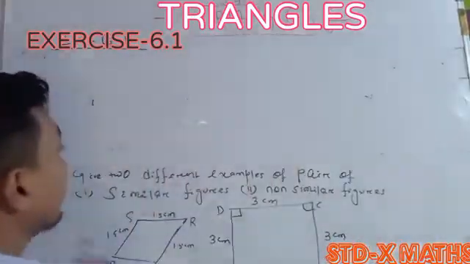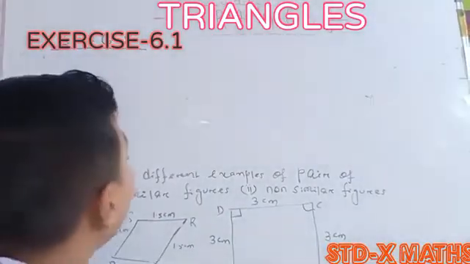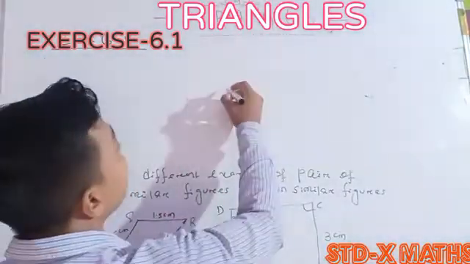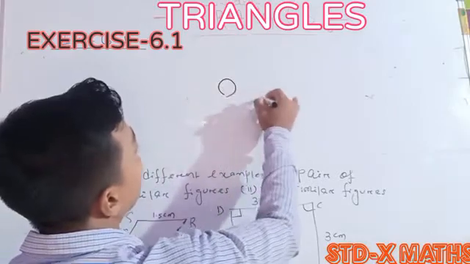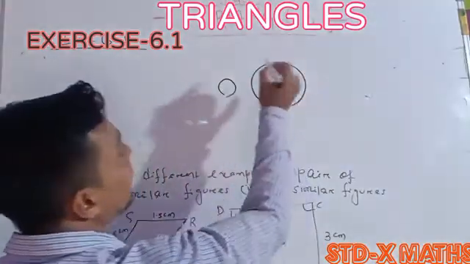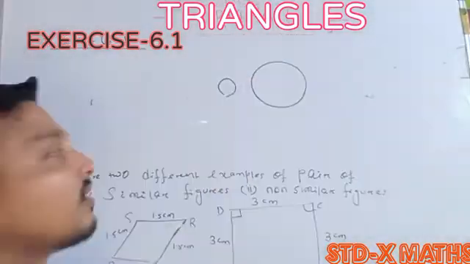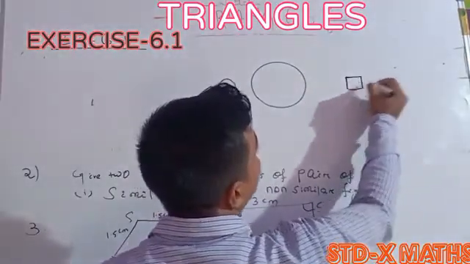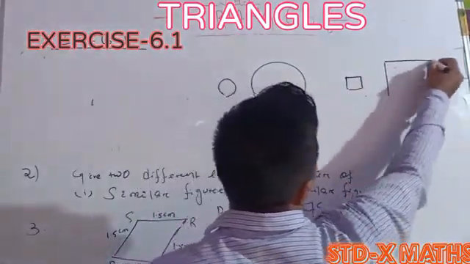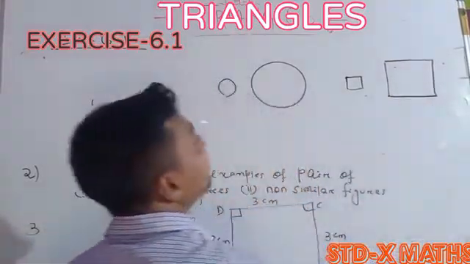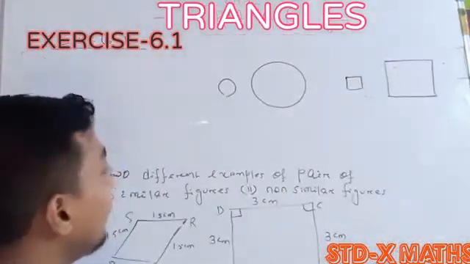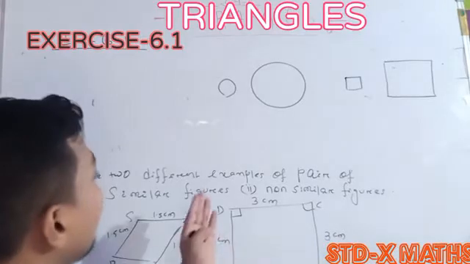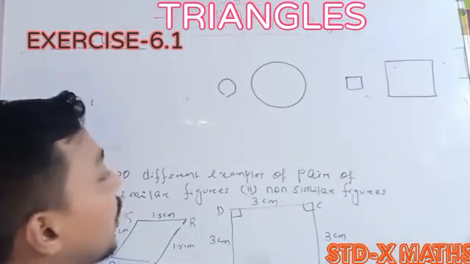See, this one we can call the similar figures. This one also we can call a similar figure. Also this one we can call similar figures. Understood or not understood?